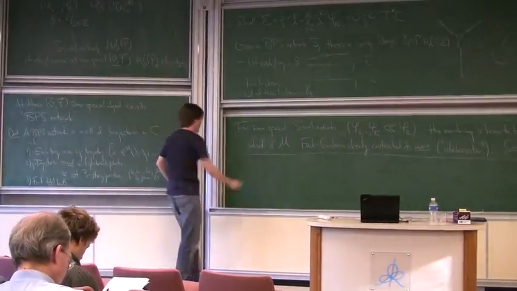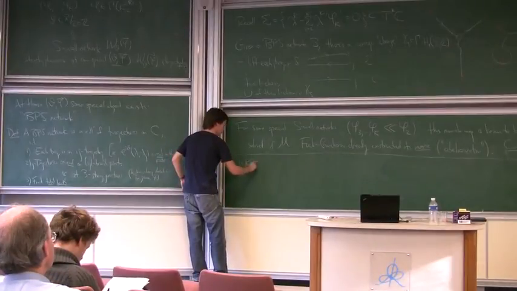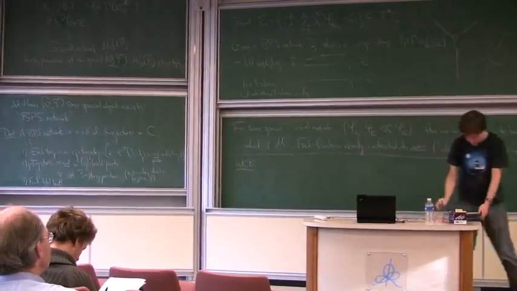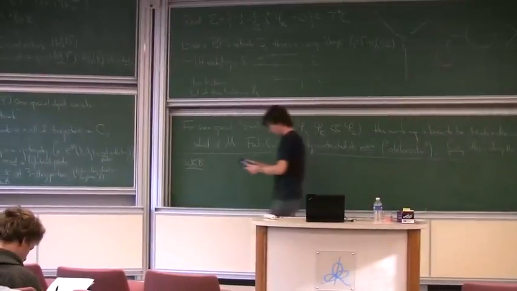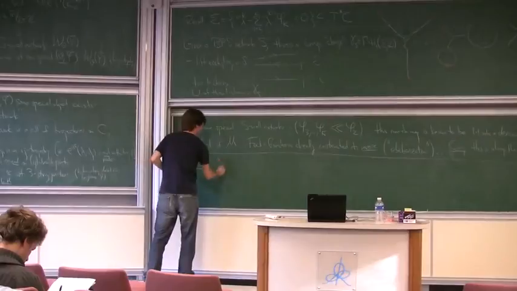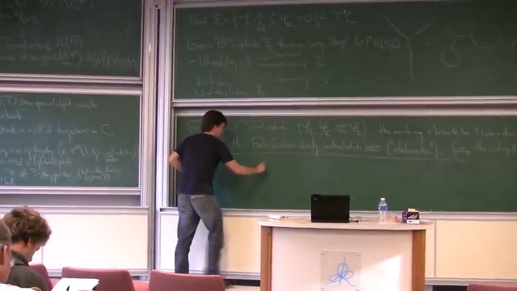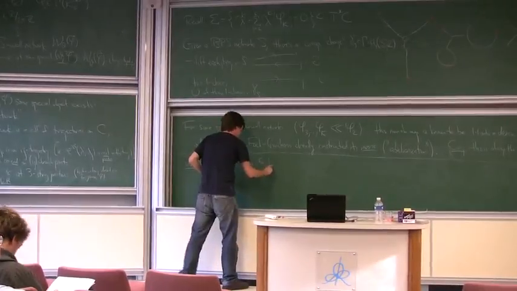Right, so now I want to talk about this other way of abelianizing connections, which is WKB. So suppose we're given a family. We start now with the non-abelian one.